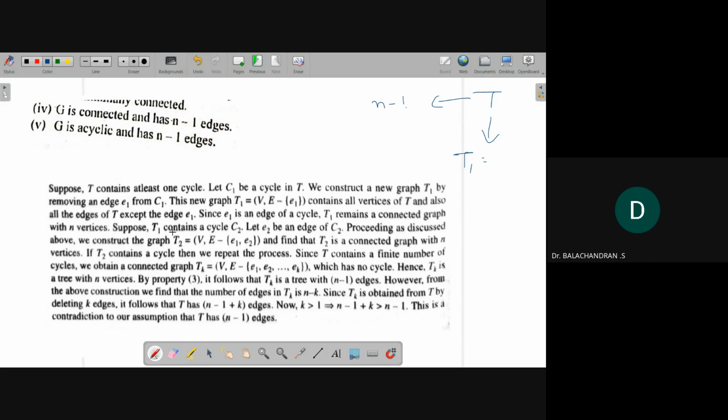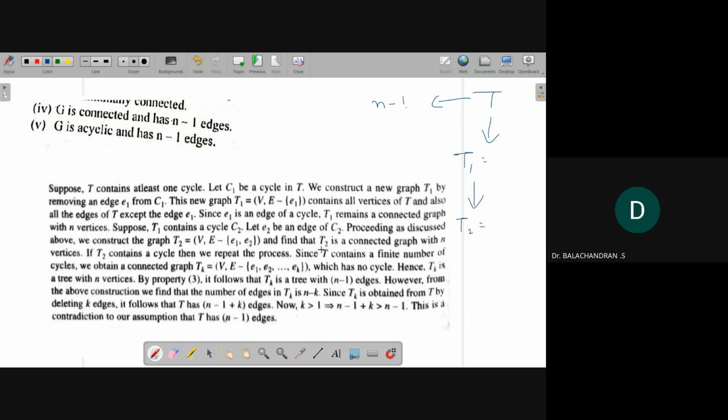Suppose T1 contains a cycle C2. Let E2 be an edge of C2. Then T2 has the same vertices. From the edges, I already removed E1, and now I am removing E2.